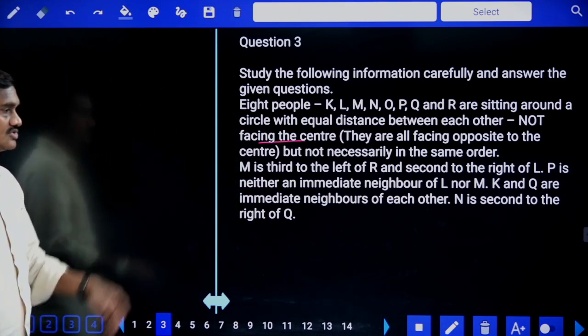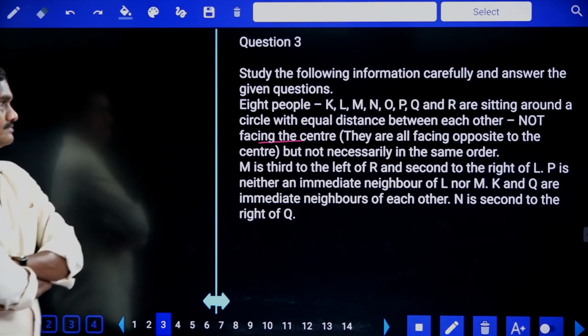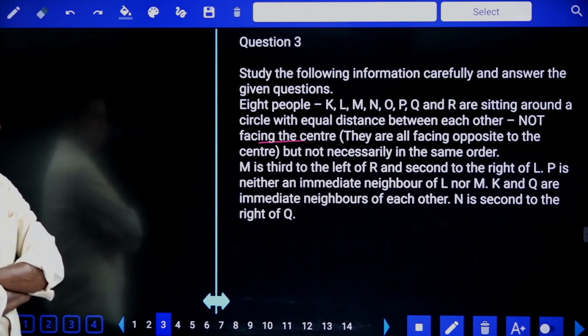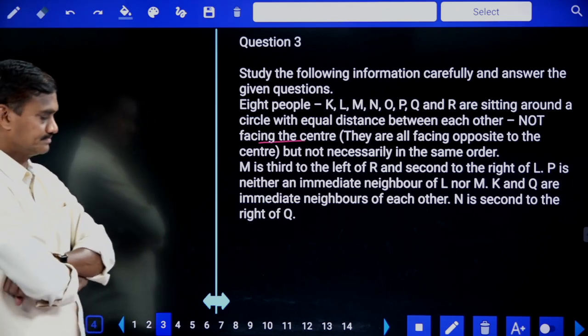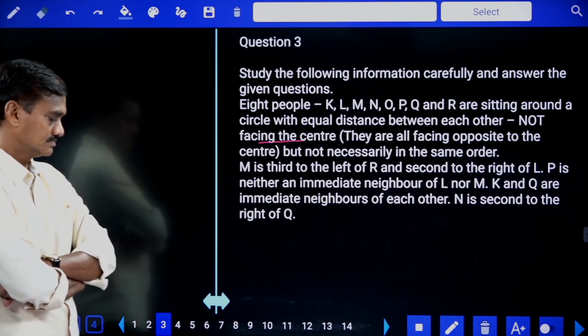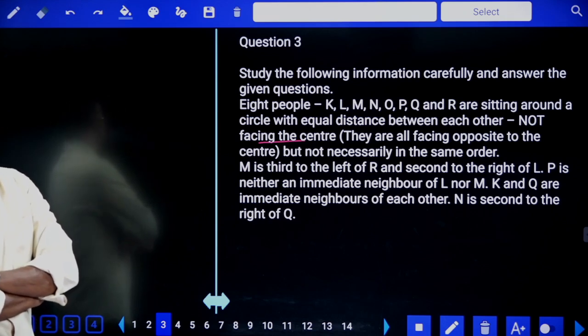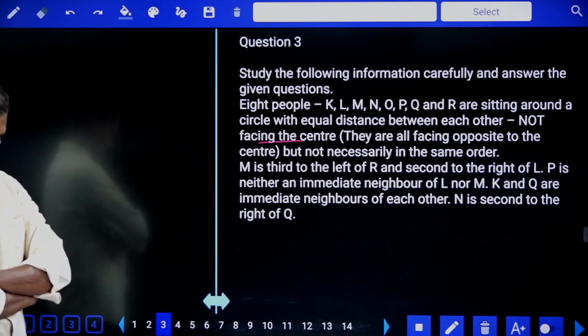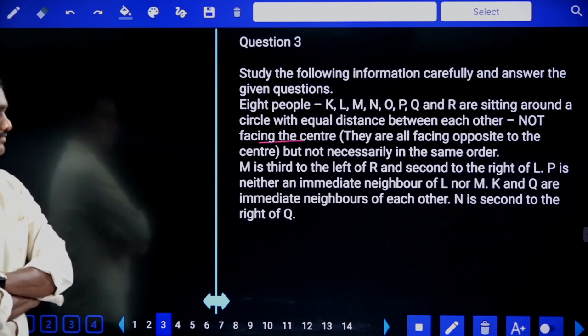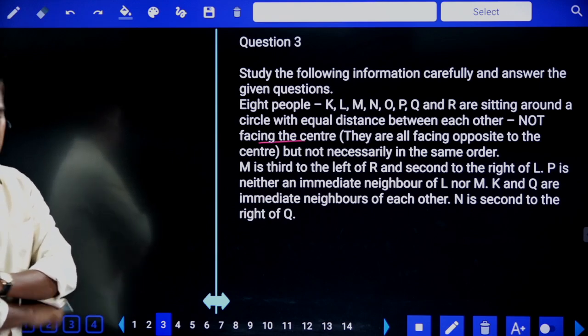Then start working out this one. Yes, your time is up.